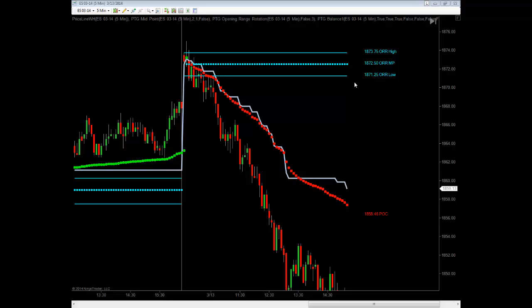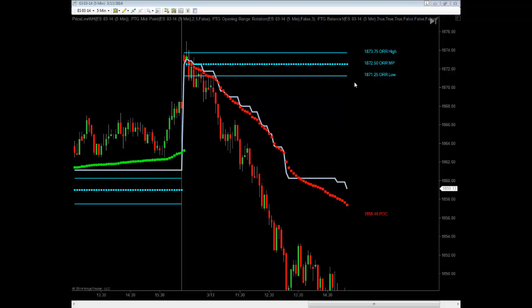And if it's above it, it's bullish. Below it is essentially bearish, because depending upon the context that it's being used in, it will determine what the intention of the market makers and the larger institutional players is during that opening range.